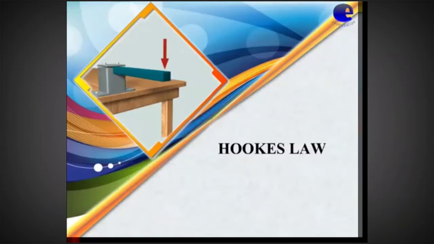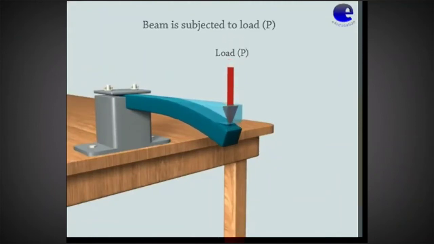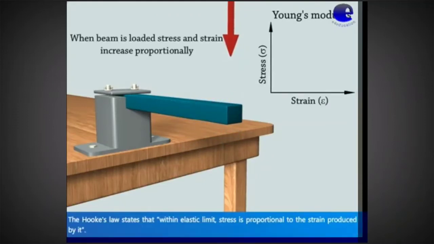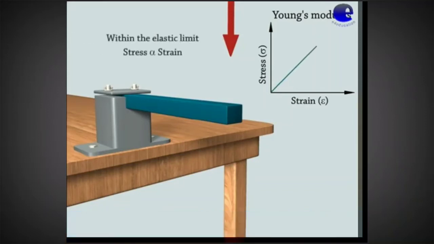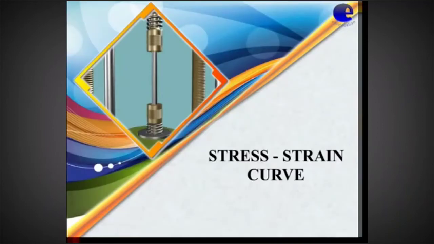Hooke's law. A beam is subjected to load. Hooke's law states that within the elastic limit, stress is proportional to the strain produced by it. Mathematically, it can be expressed as stress directly proportional to strain. Stress-strain curve.